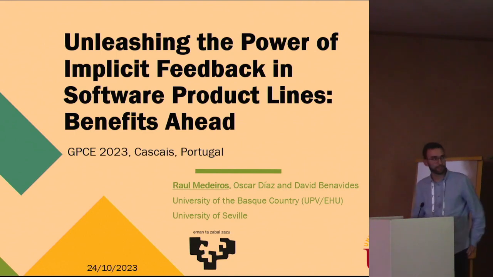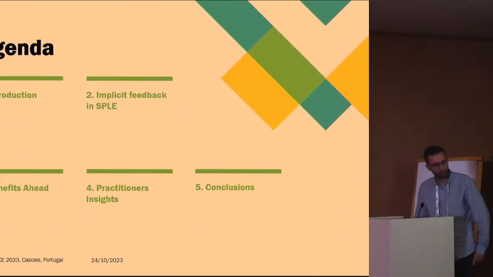This vision paper is about what benefits the incorporation or use of implicit feedback could bring to software product lines. And what can you expect from this talk? First, a quick introduction about implicit feedback and also about software product lines, as Camilo made in the previous session.